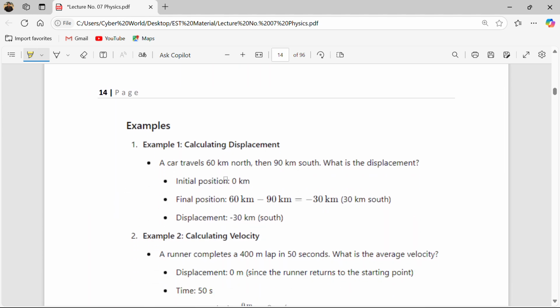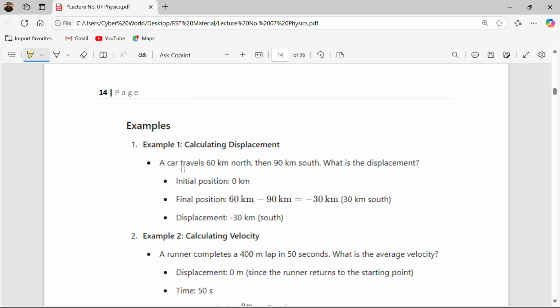Now these are the examples. A car travels 60 kilometer north, then 90 kilometers south. What is the displacement? Initial position you take as 0 kilometer, and the final position is this. A body always starts with an initial position of 0.